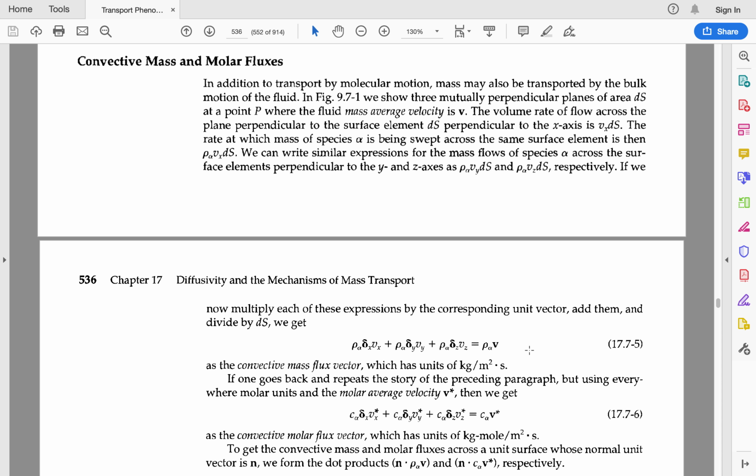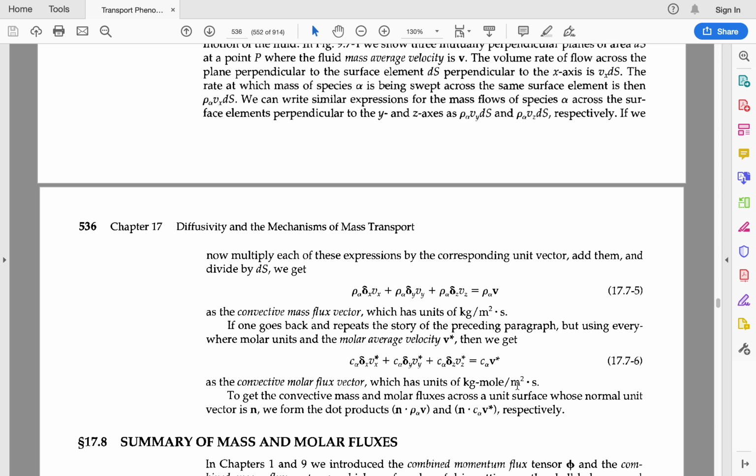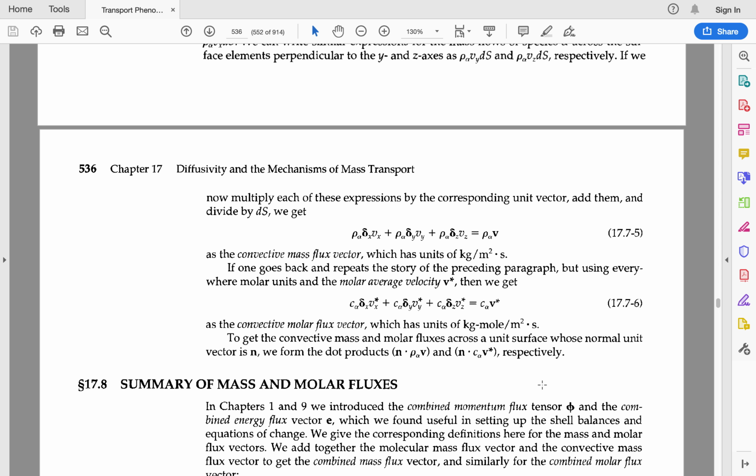If we change it into molar, it is equal to the molar concentration of alpha multiplied with V star, with units of kilogram mole per square meter per second. To get the convective mass and molar fluxes from a unit surface whose normal unit vector is n, we form the dot product: n dot rho V, or n dot c_alpha V star.